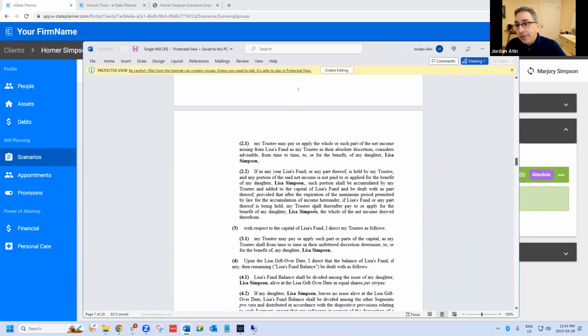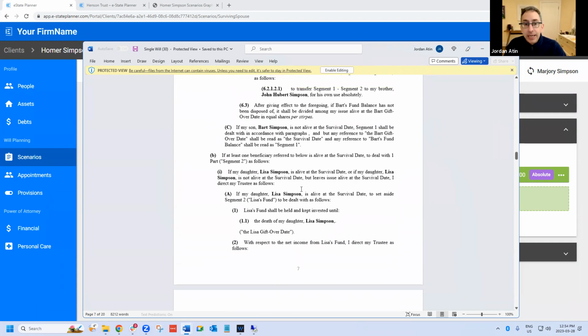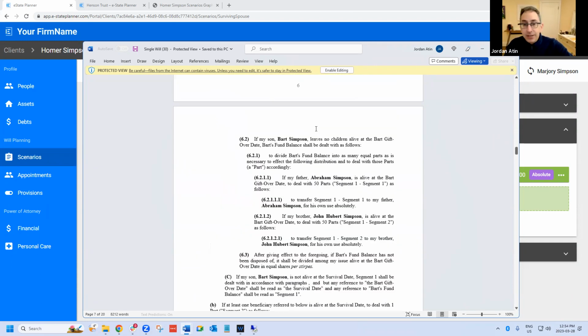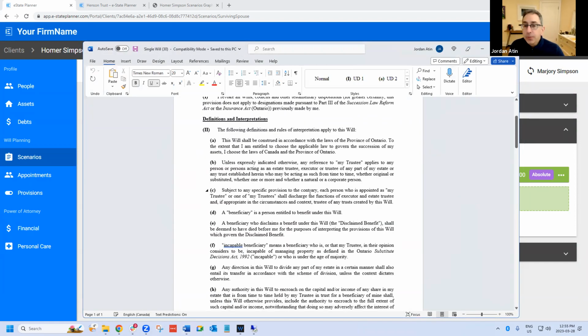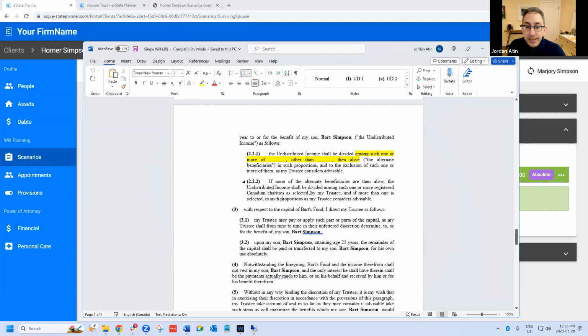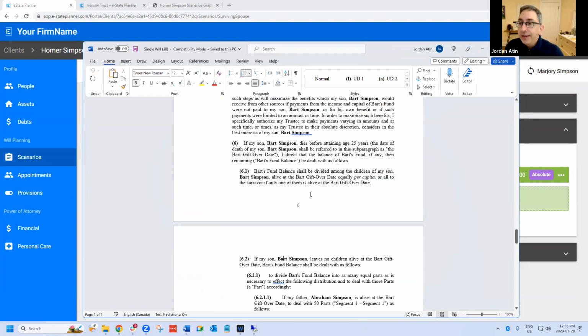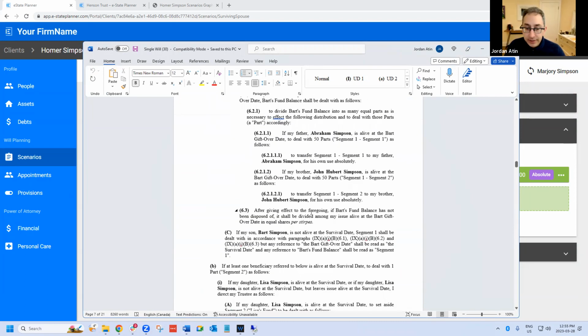So the wording of the will obviously matters when you're interpreting it, but assuming it's drafted the way eState drafts it, then it's proper, right? Okay. Because I'll show you what eState does by default. It assumes that you would want the same gift over whether Bart survives and then dies or just predeceases.